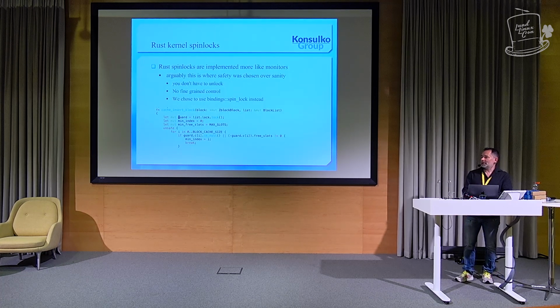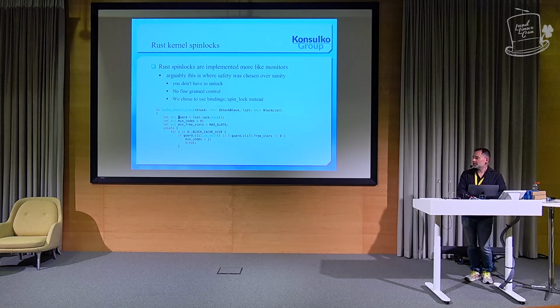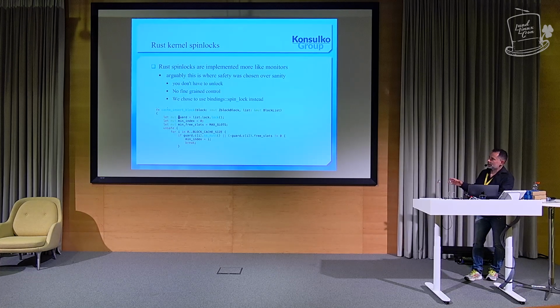The worst thing that we came across while looking into the Rust analogs of what we use in the C version of Zblock is the Rust spin locks. The Rust spin locks are implemented more or less like monitors, so you sort of don't have to care about releasing a spin lock.